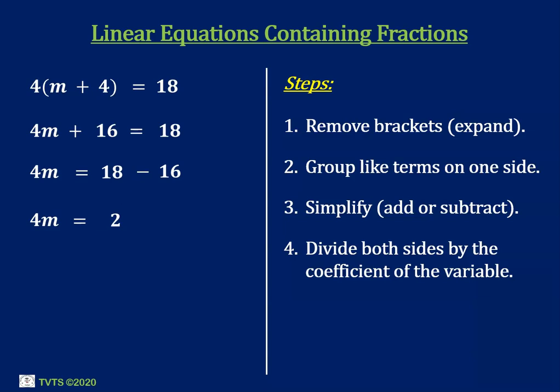The fourth step is to divide both sides by the coefficient of the variable. The variable in this case is m, and the coefficient of m is 4. So we divide 4m by 4 and 2 by 4.